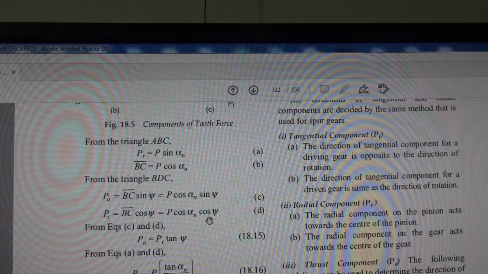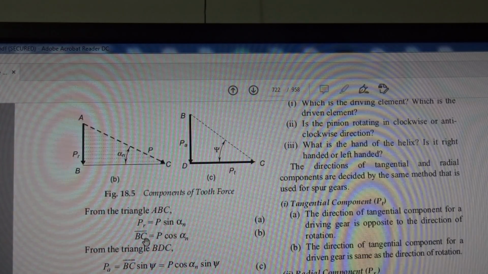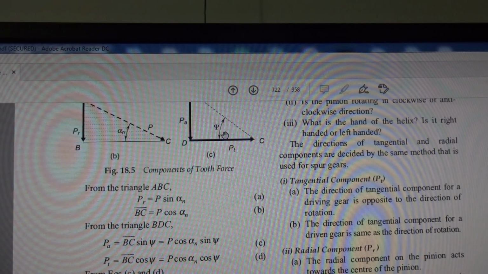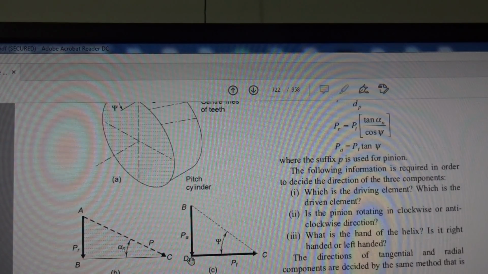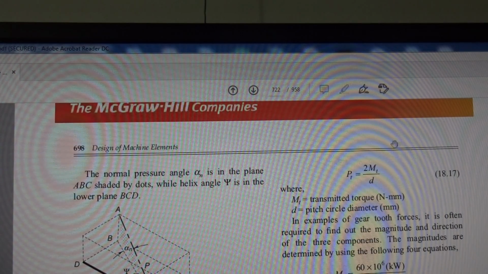PT is equal to P cos alpha n cos psi. PA is also expressed as PT tan psi. From these two relations you can get the relation between PR and PT: PR is equal to PT tan alpha n by cos psi.